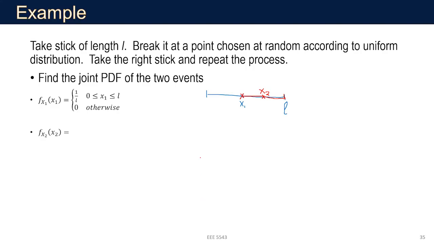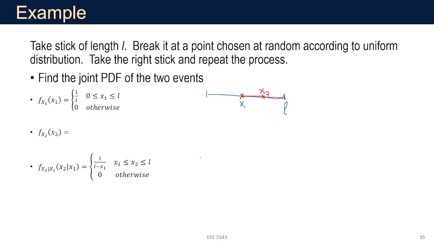So then we can write out the conditional probability density function of x2 as a uniform distribution if we know x1, and in this case x2 goes from x1 to L, because remember, x2 defines the point where we break the right stick.